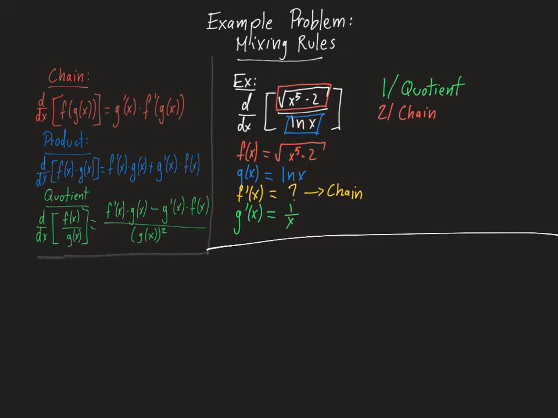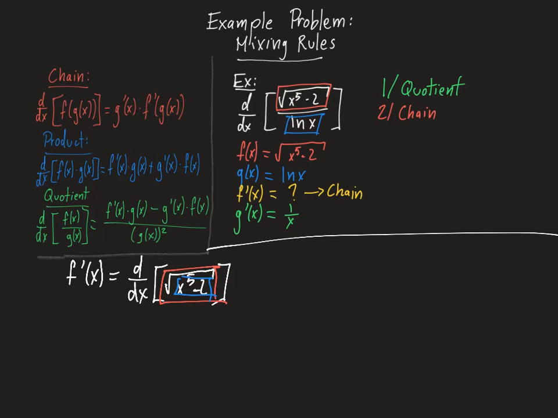So down here, I'm going to write this out. We have f prime of x. And to find f prime of x, we need to take the derivative of the square root of x to the fifth minus 2. Now this requires us to do a chain rule. So it's important to identify the outside function and the inside function.